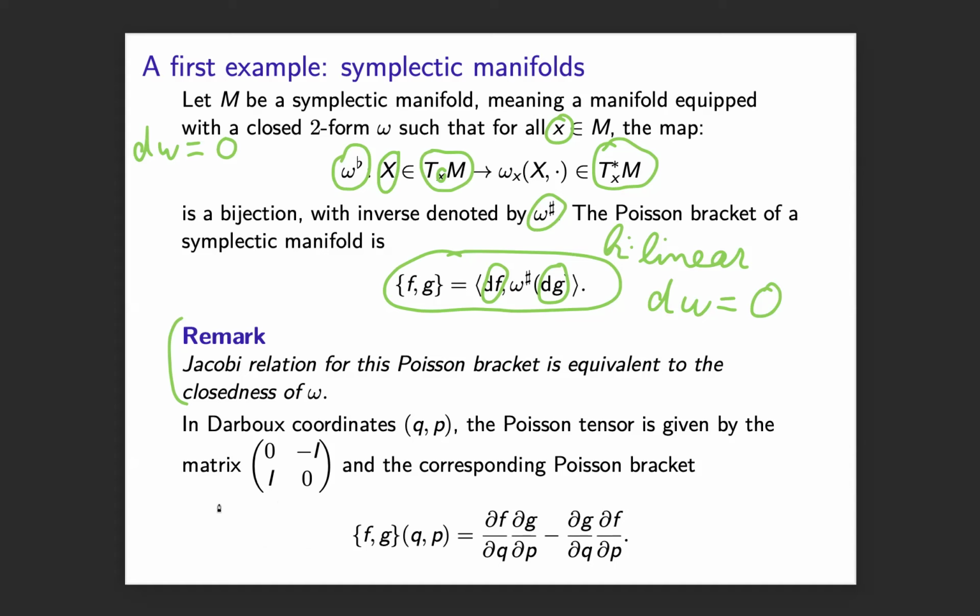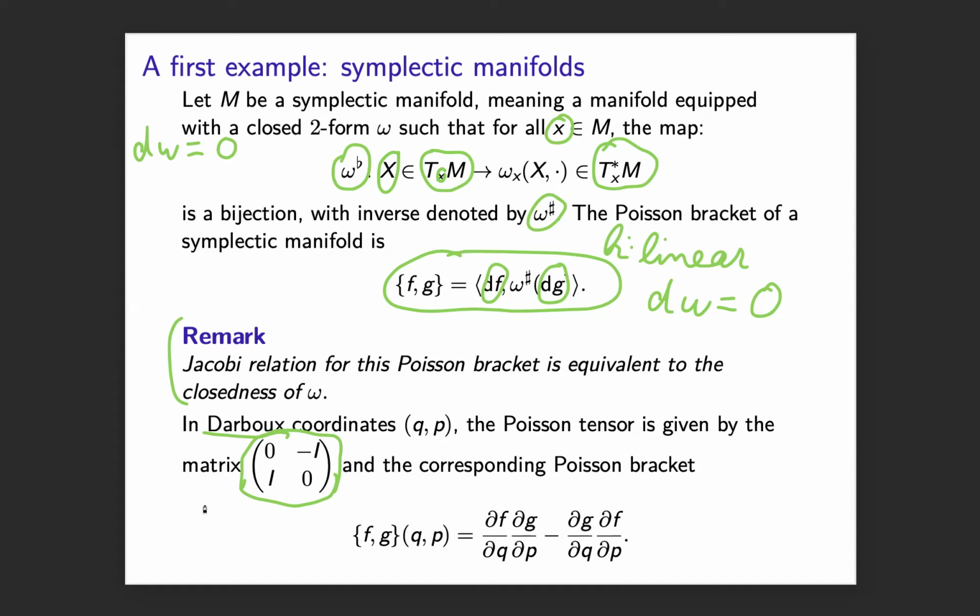A bivector field in coordinates is an antisymmetric matrix, and it's a theorem called Darboux theorem that states that if you want to write the components of the bivector field of the Poisson bracket of a symplectic form, you can always construct coordinates such that in those coordinates the antisymmetric matrix of the bivector field is this matrix.